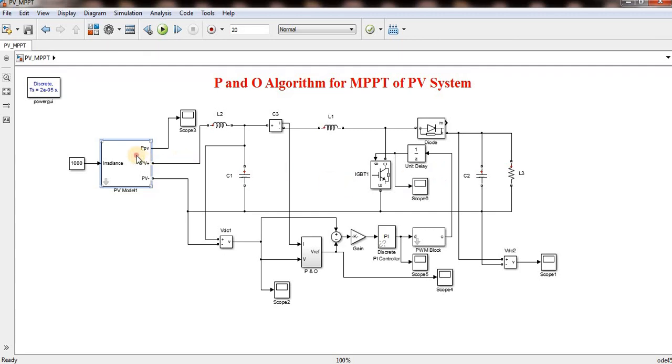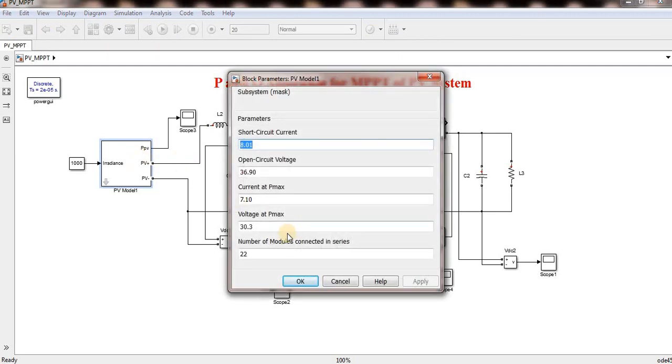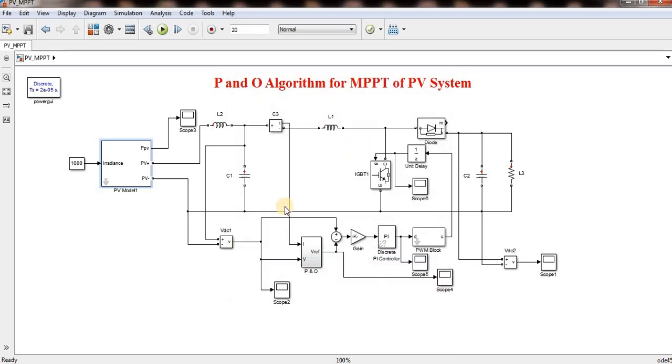I selected a 4.7 kilowatt panel. This is for one PV module, and I connected 22 modules in series, so I can build my voltage beyond 600.